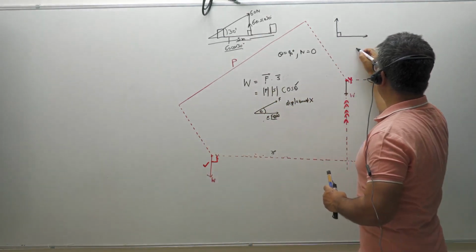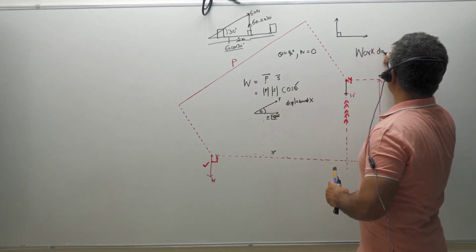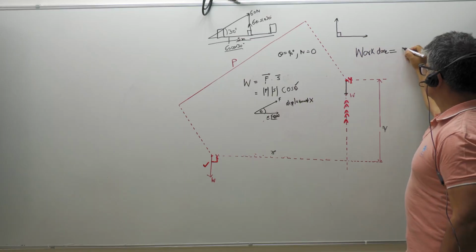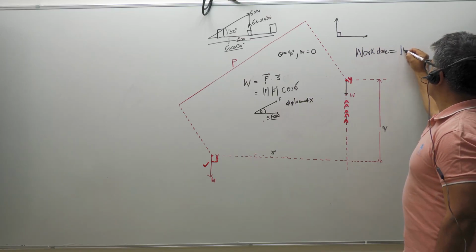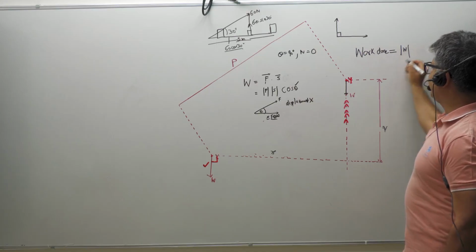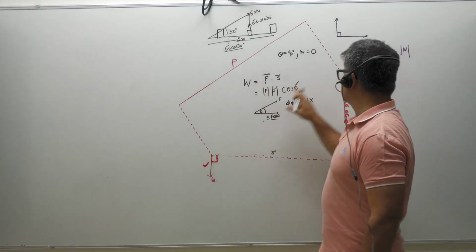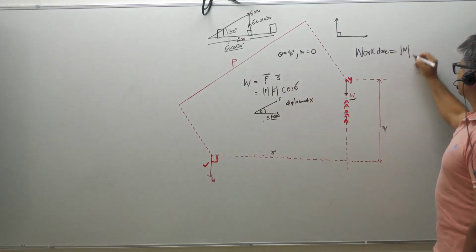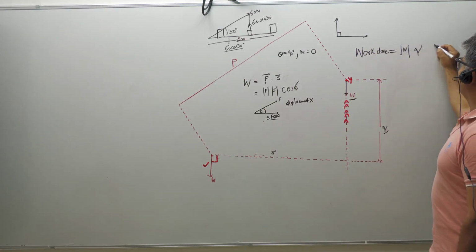Okay, so therefore the work done is equal to the force, which is the magnitude of the weight of the block, which was taken from this to this, multiplied by the displacement q as the answer.